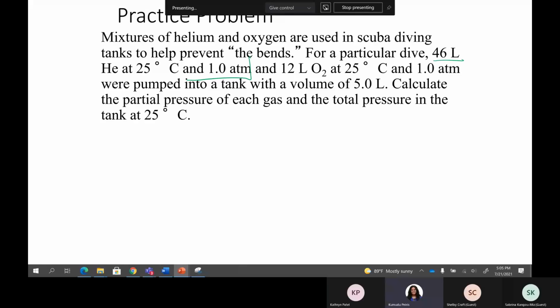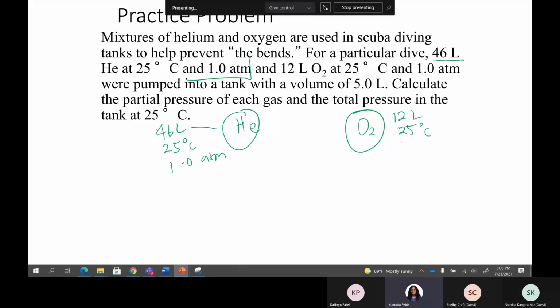Even though this has small numbers, this is a long problem. We are given the conditions for helium and oxygen. What are the conditions of helium? 46 liters, 25 degrees Celsius, and 1.0 atm. And for O2, what are the conditions? 12 liters, 25 degrees Celsius, and 1.0 atm.